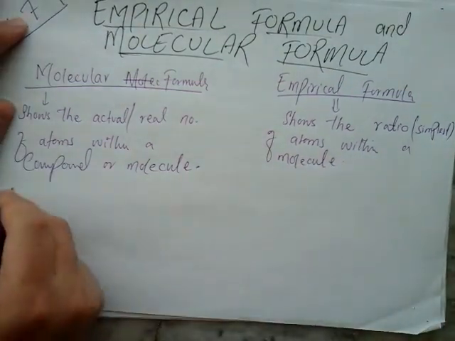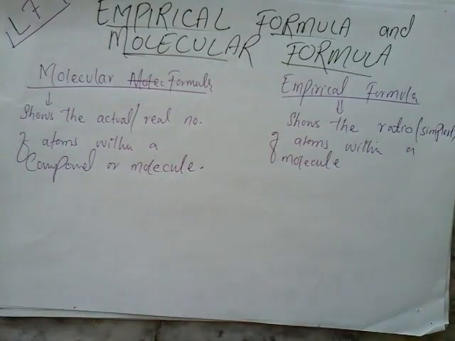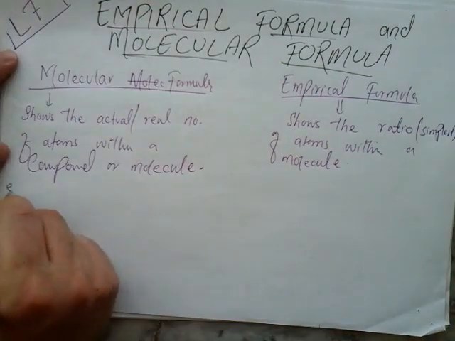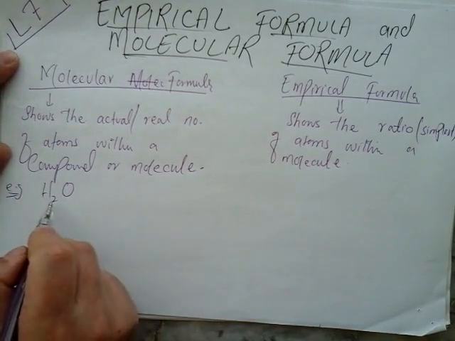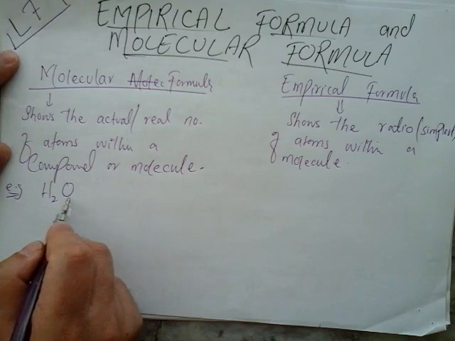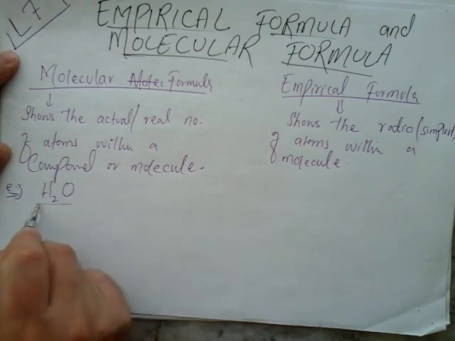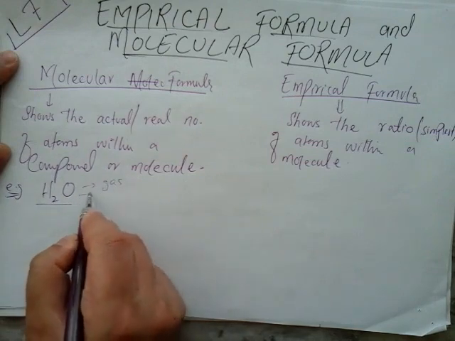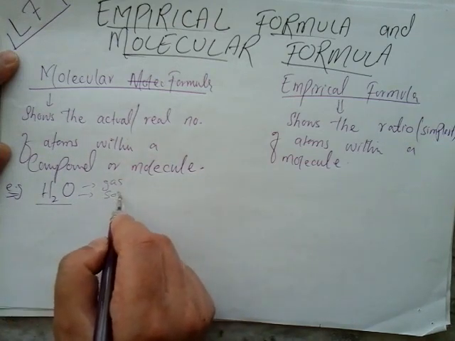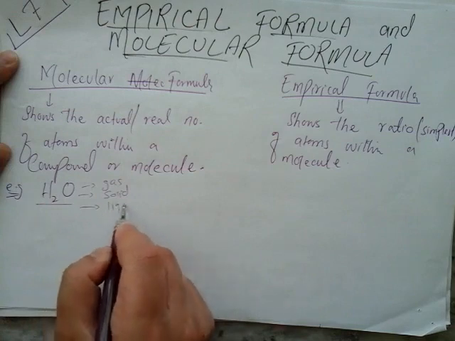Suppose, for example, take the molecular formula H2O, water. Here it means that water consists of 2 atoms of hydrogen and 1 atom of oxygen, whether this molecule is in the form of gas, solid or liquid.